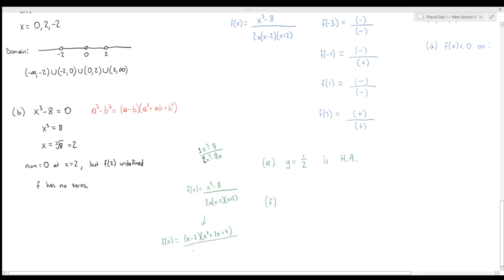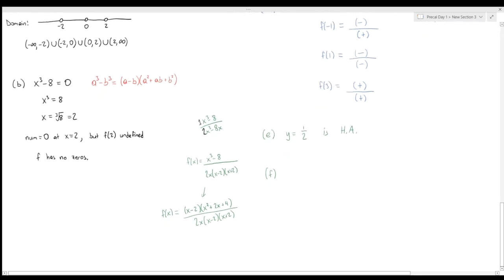And then the denominator, well, it's not a big deal. So then this is the denominator, and if we fully factor them out, we see that the x minus 2's will cancel.